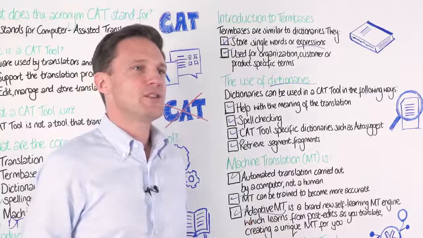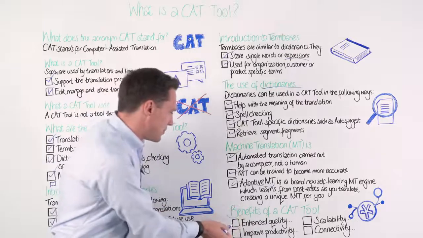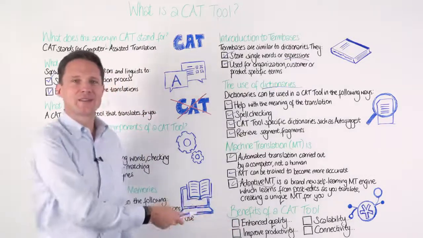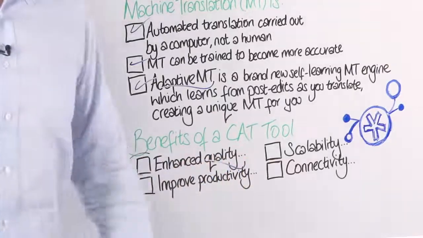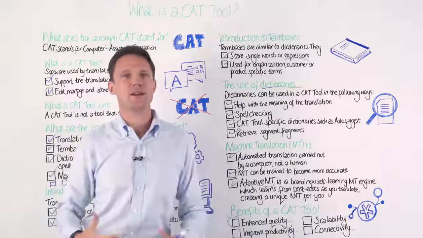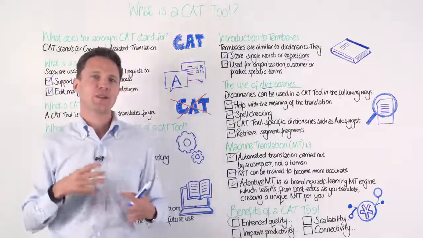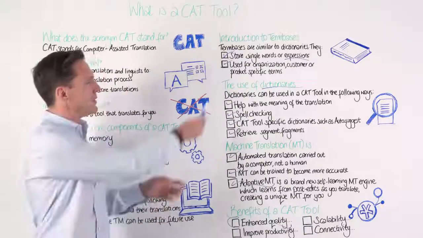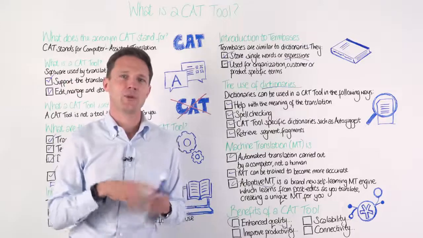So let's finish off. What are the benefits of a CAT tool? There are various sides to it. The first one is quality. And I think this is one of the key things. Often we talk and we think about software as something to make you just quicker. But I think when it comes to a CAT tool, we've seen all the help that comes into play can help with quality.